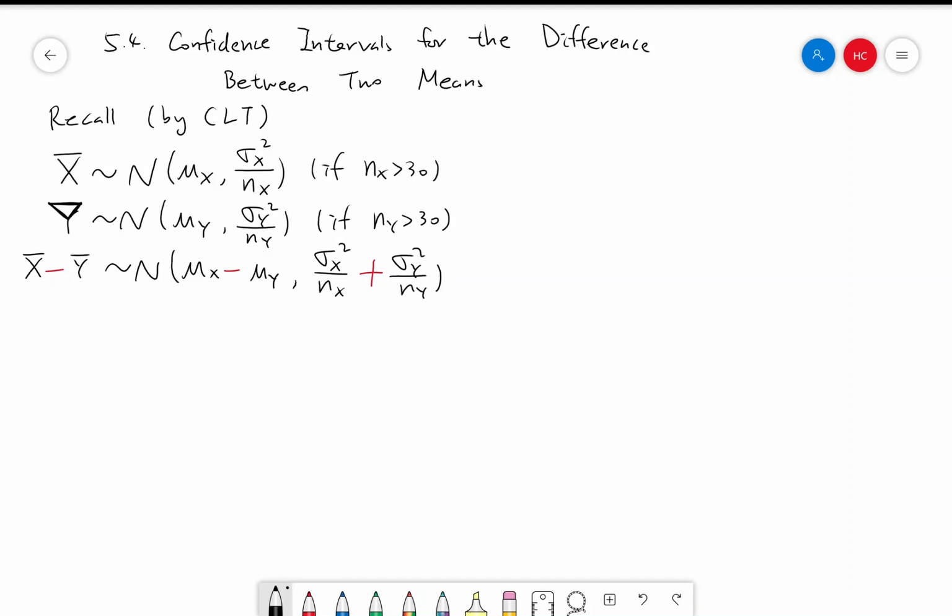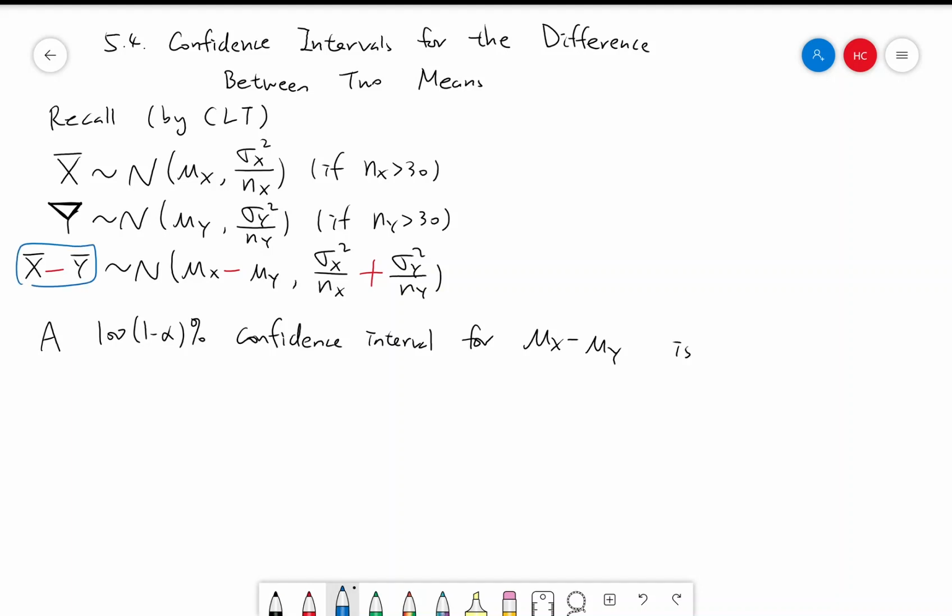Now, if we have this, then we can construct our confidence interval. So we can construct the confidence interval for the difference of the population means. The mean part is given by x bar minus y bar, plus minus the magical z number, z sub alpha over 2, with the giant square root.